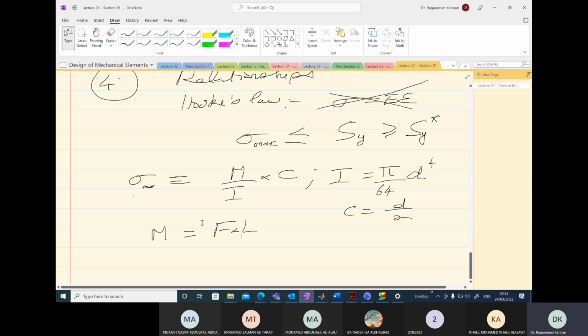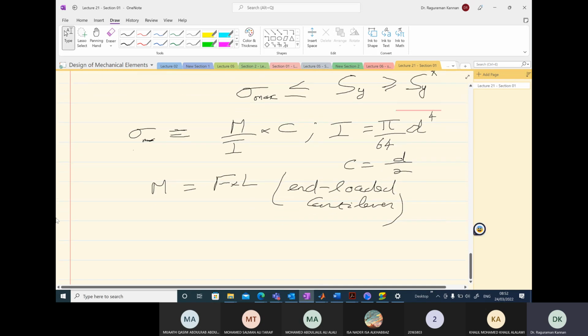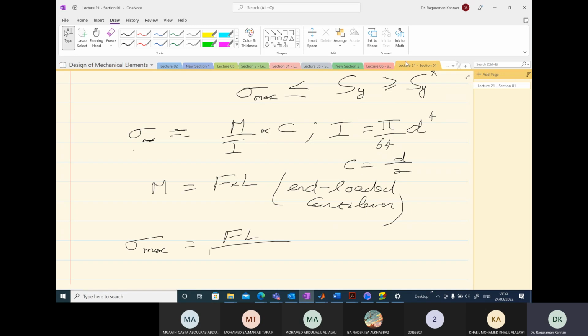If it is an end loaded cantilever beam, the maximum bending moment is going to be F times L. So for these conditions I can derive the maximum stress. Maximum stress is going to be FL over, I can write C over I as I over C in the denominator. If I divide these two quantities, I'm going to get pi over 32 d cube.